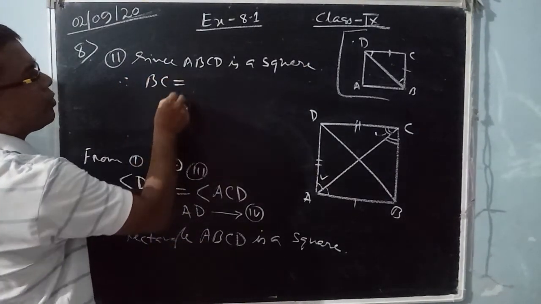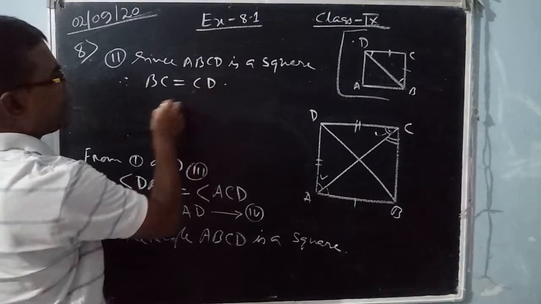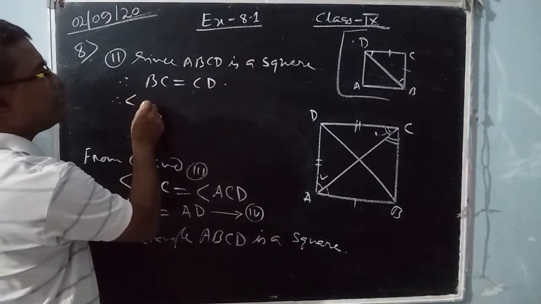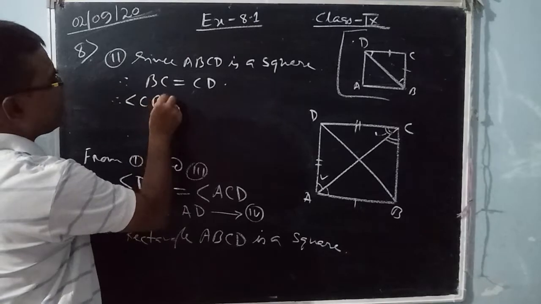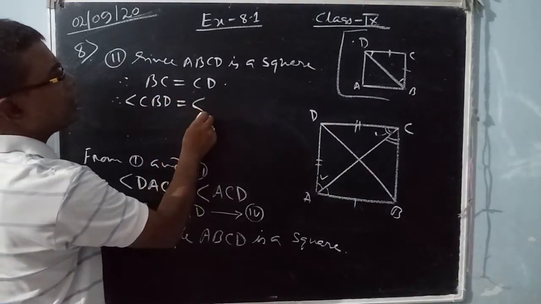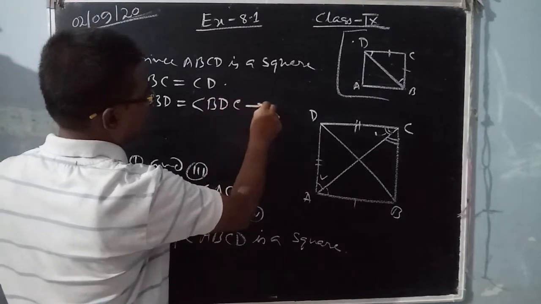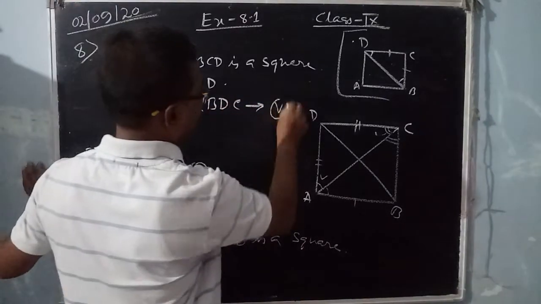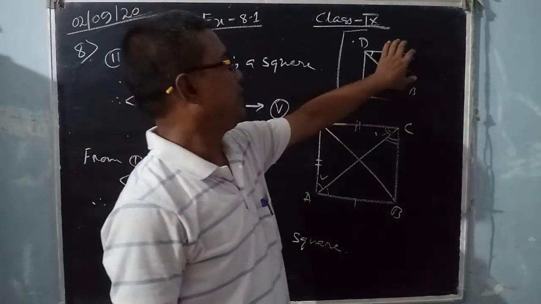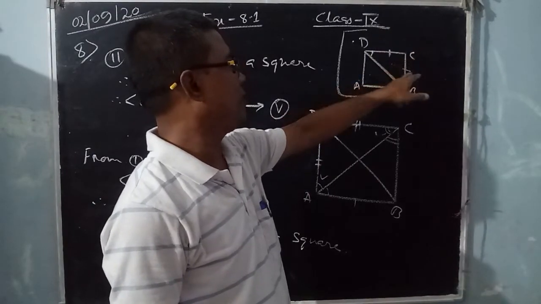BC equals CD, therefore angle CBD equals angle CDB, number 5. This is a square, so these two sides are equal.